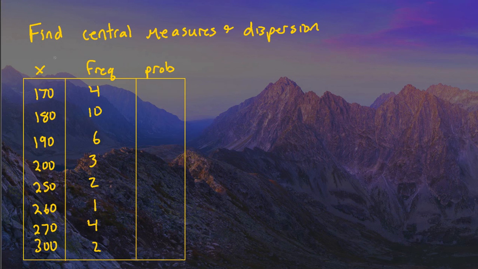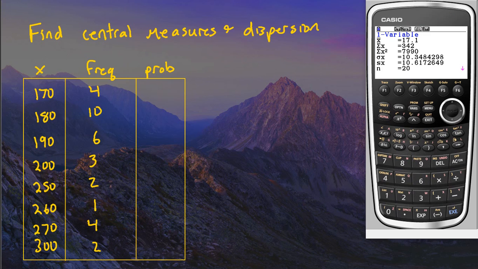All right, let's take a look at another example. So here I have a table of data. I have an X and a frequency. So all I'm going to do is put in this data, but before I put it in, of course, I'm going to clear out the data that I have, and I'm going to type in 170, 180. If our data is already in a table, we're definitely going to use list 1 to be the data itself, and list 2 to be our frequencies.